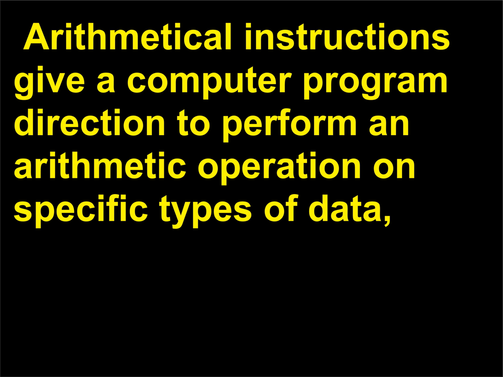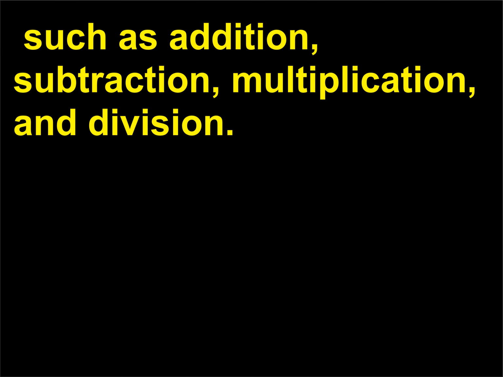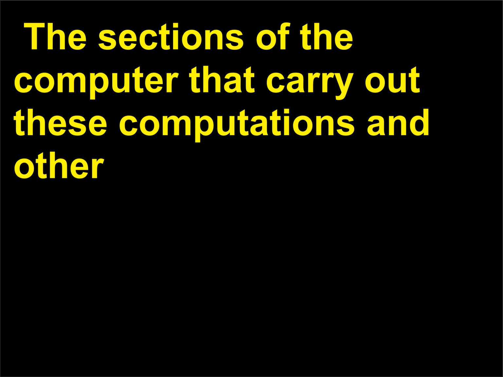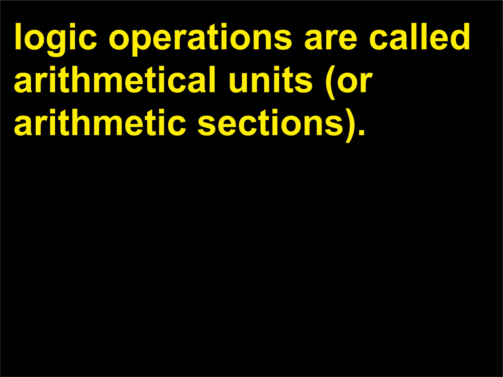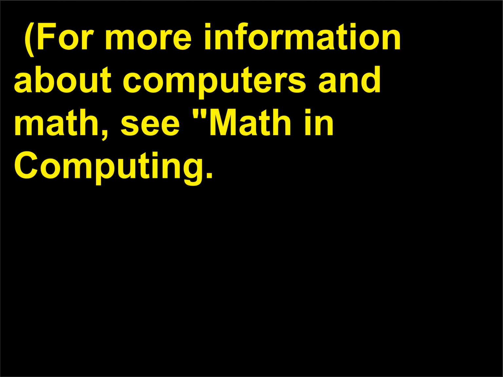Arithmetical instructions give a computer program direction to perform an arithmetic operation on specific types of data, such as addition, subtraction, multiplication, and division. The sections of the computer that carry out these computations and other logic operations are called arithmetical units, or arithmetic sections. For more information about computers and math, see Math in Computing.